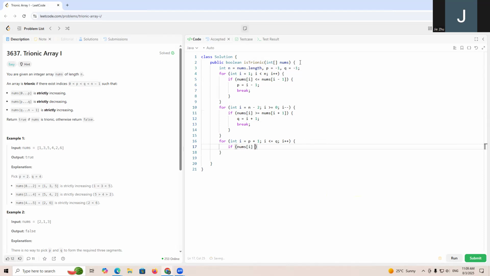So if nums[i] is greater or equal to nums[i-1], return false. And in the end, we need to return p not equal to q, and p not equal to 0, and q not equal to n minus 1.